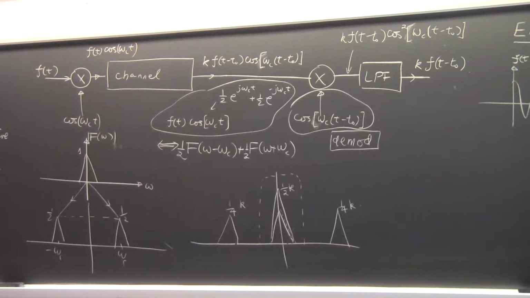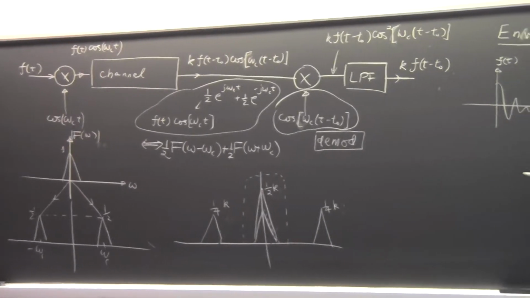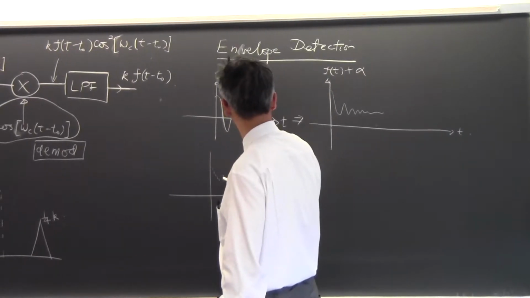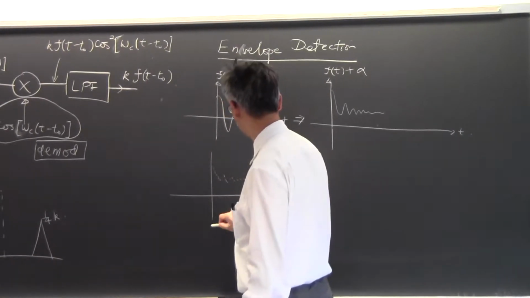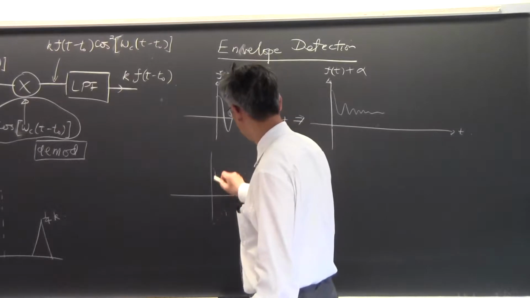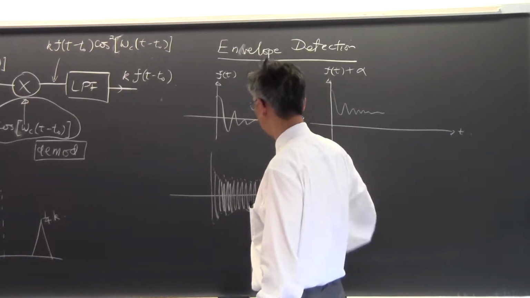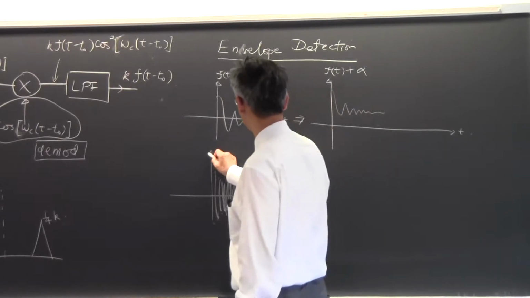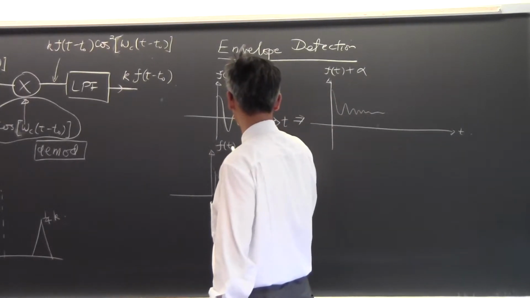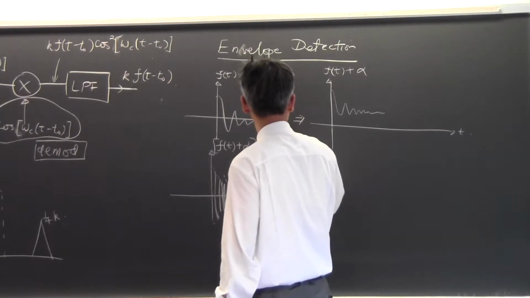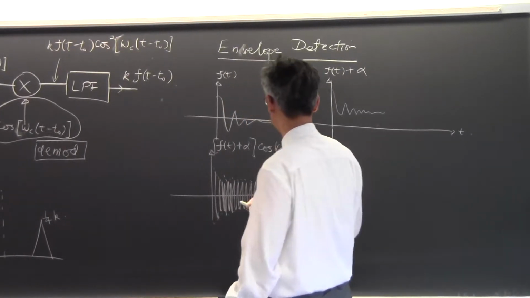This is the t-axis I'm plotting. Now I modulate this signal. Then I would have something that looks like this. I just have the cosine oscillating nicely somewhere in between. So this would be f of t plus alpha times cosine of omega c t.